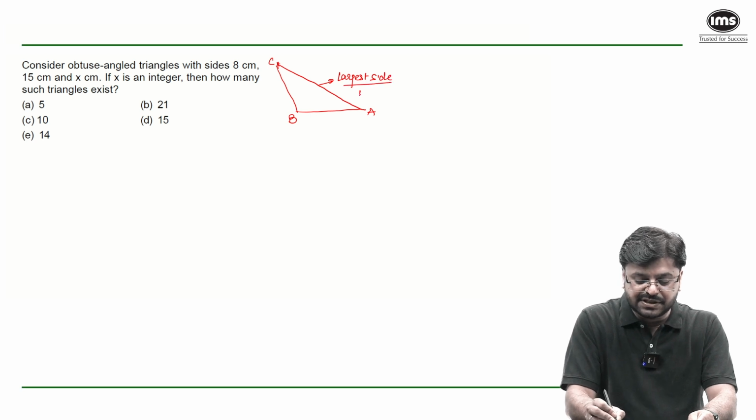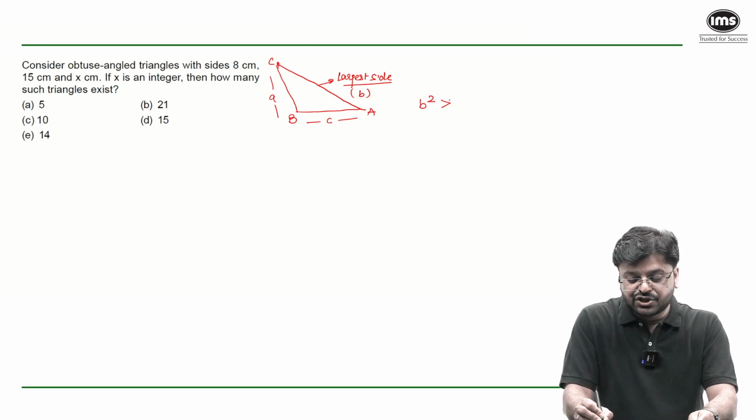Let's say in this case B, this is let's say C, and this side is A. So largest side square should be greater than sum of the square of other two sides.